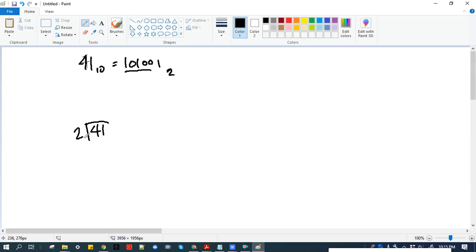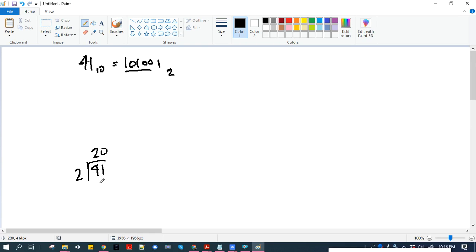So 41 divided by 2, that's 20, but you write the remainder on the right side. Remainder 1. Then 20 divided by 2. Make sure that you provide allowance space in the upper corner because we'll be filling it up. Let's move 41 here. 41 divided by 2, that's 20.